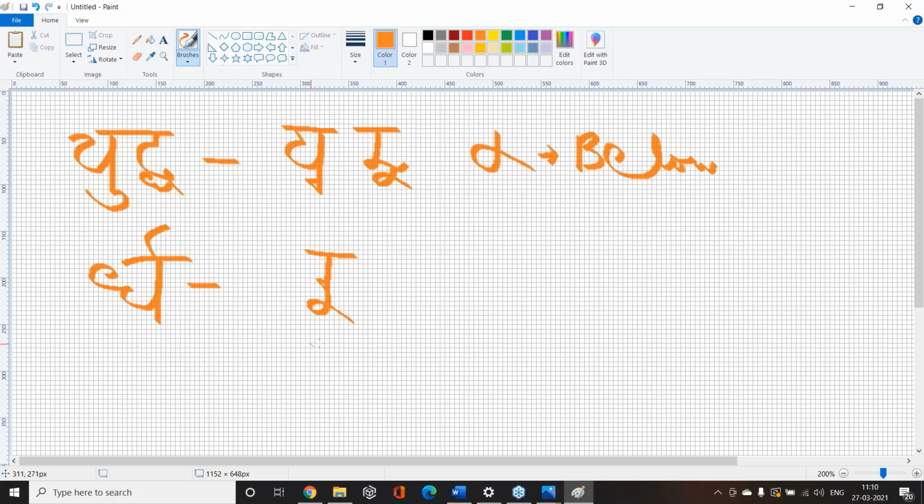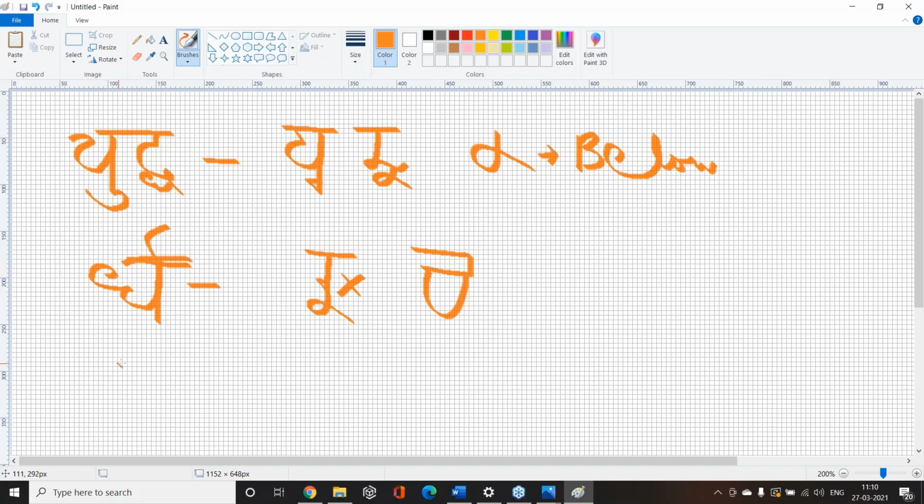They change the form when they are written with this matra R. So this is the incorrect form of writing with matra R. Otherwise, it is written the same way how I have shown above. But with matra R, these are the special characters that change the form when written with the matra R. So this is how it would be written with matra R.